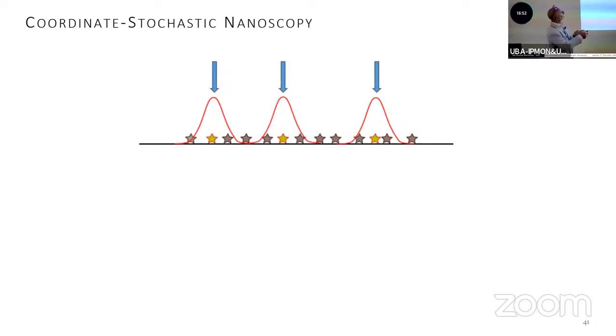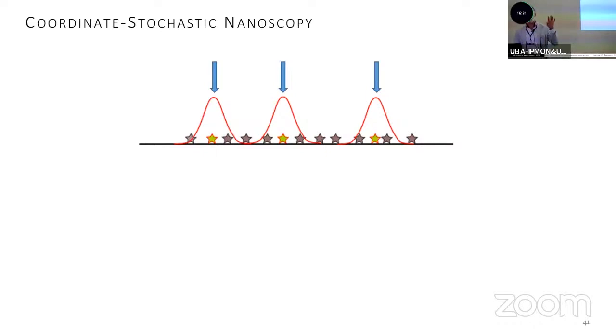So the signal that we will register from each one of them will be diffraction limited. But if we can assure statistically that those signals correspond to one molecule only, even though the signal is broad, we can pinpoint its center very precisely and say, okay, here I have a molecule. Here I have another one, here I have another one.